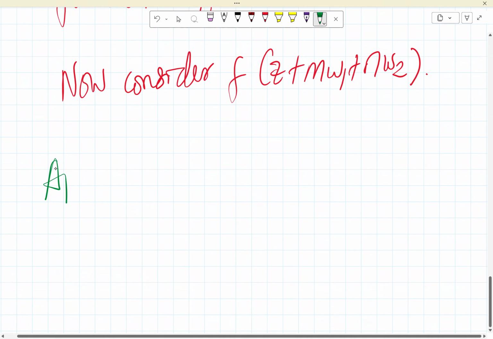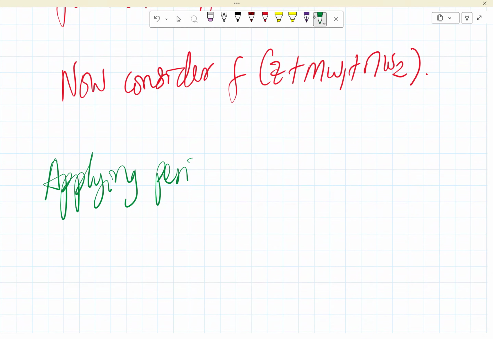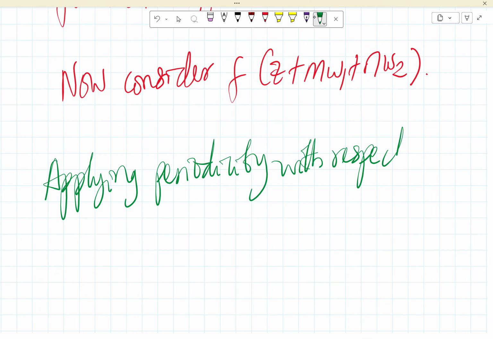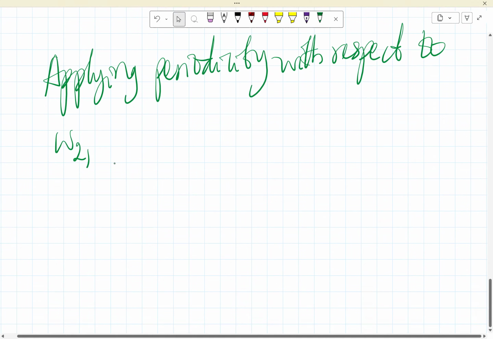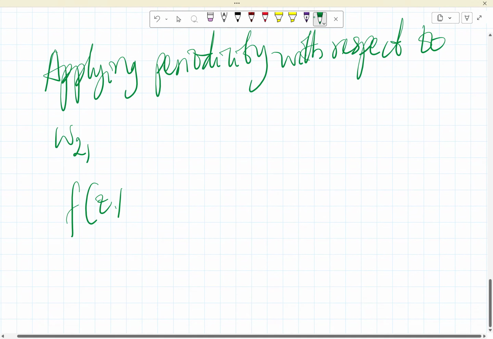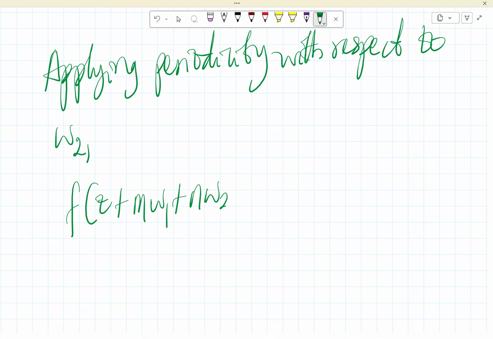Applying periodicity with respect to omega 2, we have f of z plus m omega 1 plus n omega 2 is equal to f of z plus m omega 1.